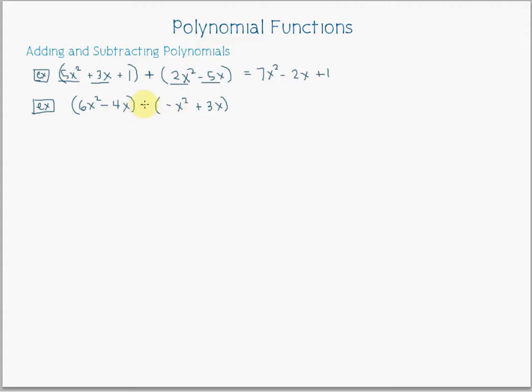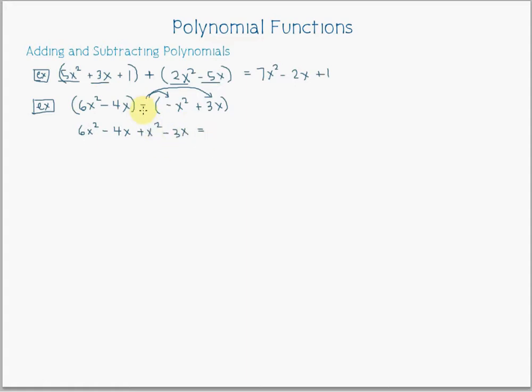But this subtraction sign, because it is outside of a parenthesis set, has to go in and be multiplied and distributed to both terms inside the parentheses. So now what we're working with is 6x squared minus 4x minus a negative x squared. So that will give us a plus x squared, and minus a 3x.